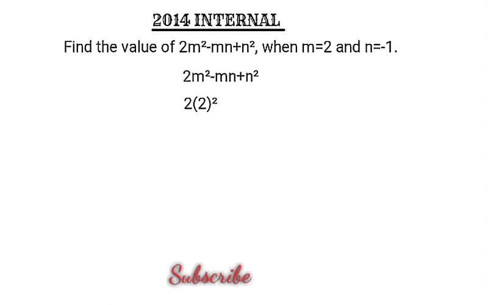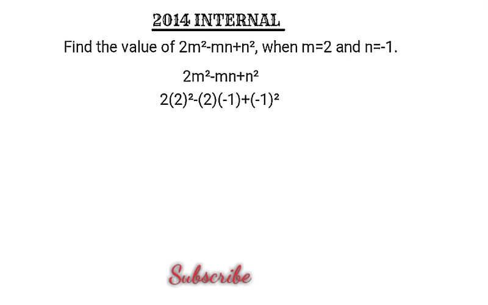Then minus m times n, which is 2 multiplied by negative 1, then plus n squared, which is negative 1 squared. Then we'll start working out.